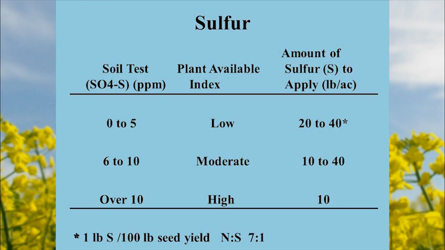With canola, because the sulfur test for us is kind of iffy, I would always do this. For 7 pounds of nitrogen, I would put on a pound of sulfur, regardless of what the soil test said, because sulfur is important to canola, and you don't want to be short of sulfur. So to me, that's a modest input.